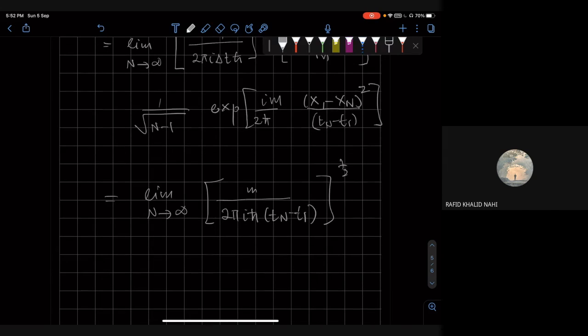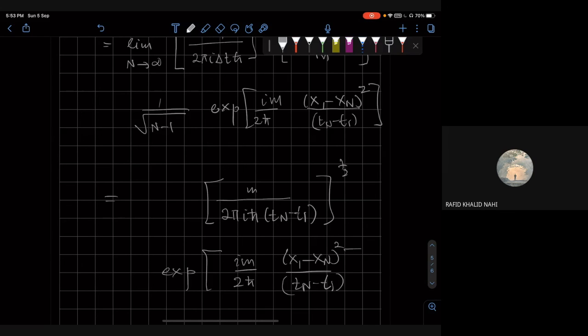So we have written the expression in which delta t has been eliminated, so we don't need this limit anymore, right? So exponential of i m by 2h bar, (x1 minus xn) whole squared over (tn minus t1).